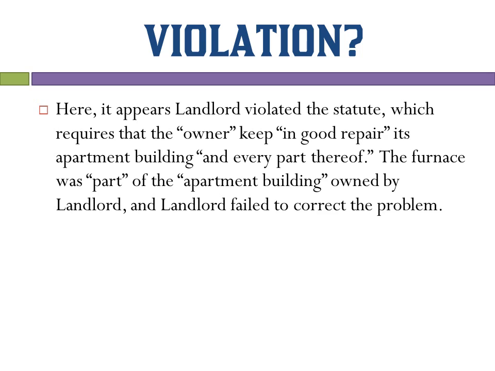Here, it appears that the landlord did violate the statute, which requires the landlord, the owner of the apartments, to keep in good repair the apartment and every part thereof. I've thrown in a lot of little quotes there to show off that, yes, I really did read the statute. The furnace was part of the apartment building, owned by landlord, and he failed to correct the problem. So it sounds like he didn't keep in good repair every part of the apartment. It's quick, it's 2 sentences, but it was violated, and that gives you some points for that.